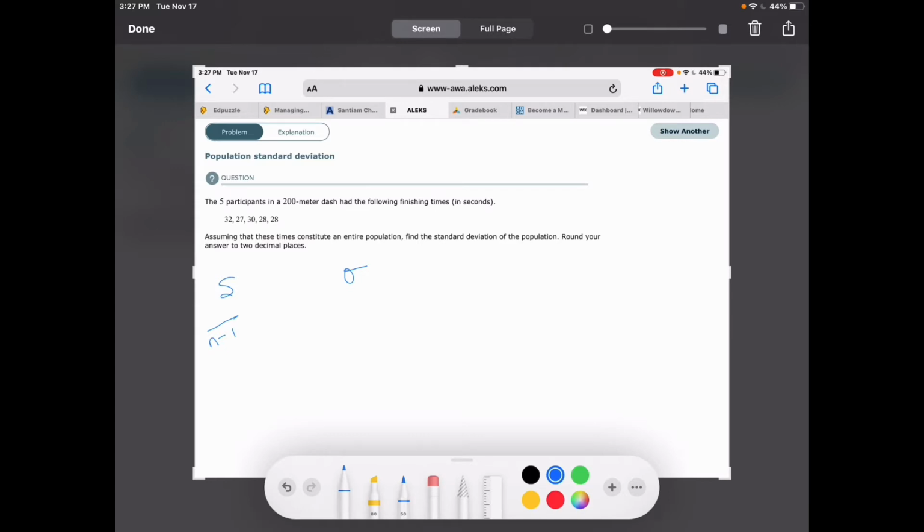And what we do is we take the numbers, we do the actual number minus the expected number, which happens to be the mean or the average. And we square that, and we add up each number doing the same thing. And then we're going to divide by the number of things that we have.